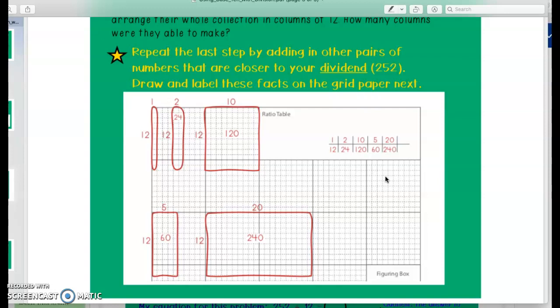Before we get the answer, I'm also representing everything that I write on that ratio table in a picture. 5 groups of 12 is 60. 20 groups of 12 is 240. Notice how we're adding pictures to go along with the ratio table.